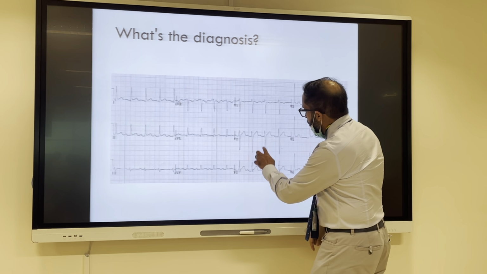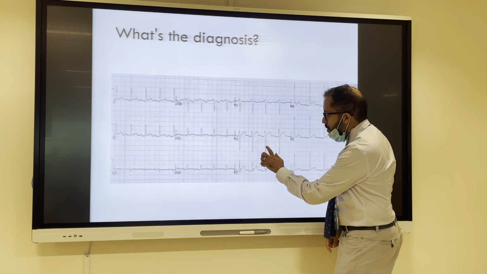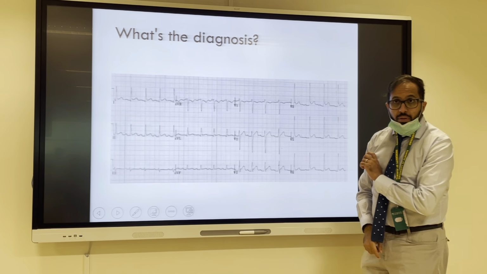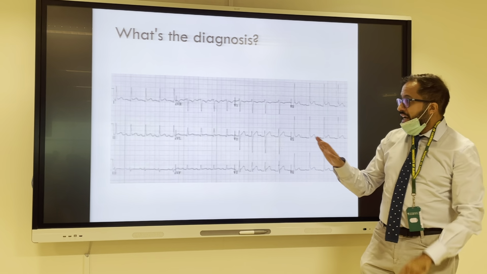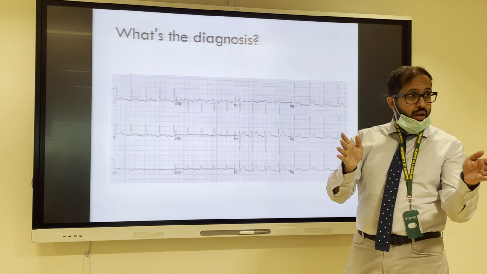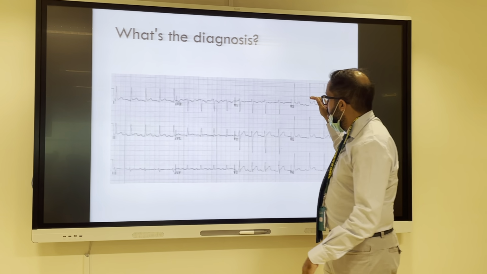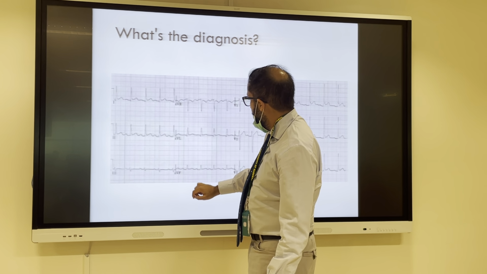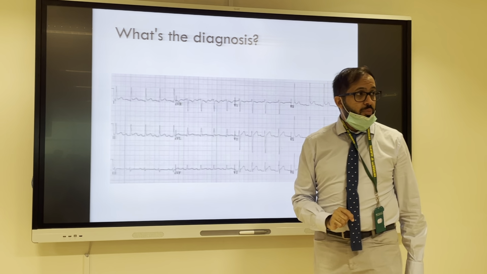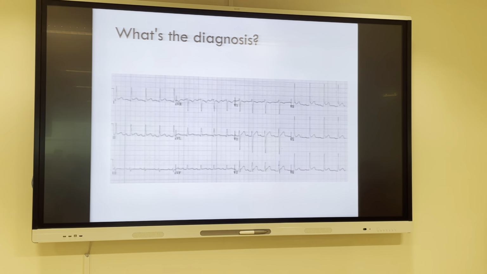You first start going up here and then go down. So this is not a Q wave. So there's no Q wave, there's diffuse ST elevations, and you can see some PR depression here, and probably a little bit here, but this is pericarditis. Okay?